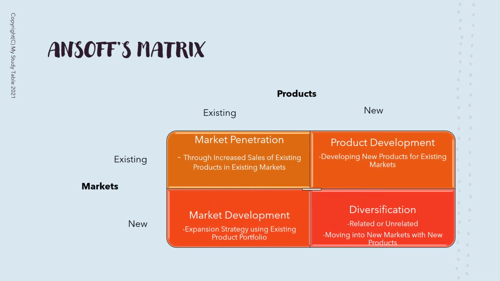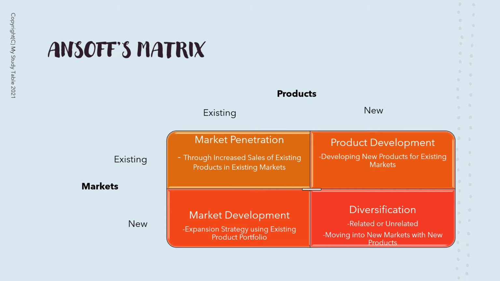So it helps one conclude on the next best strategy for the company, not only to sustain the market, but also to expand into newer ventures or newer product portfolios as well as newer markets based on the current capabilities of the company and the future prospects in the market.